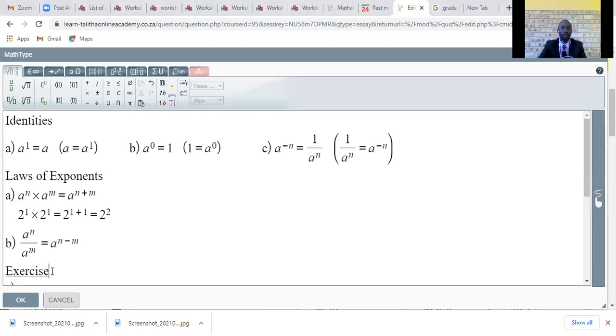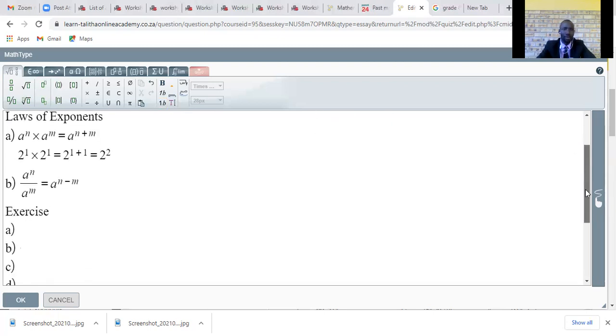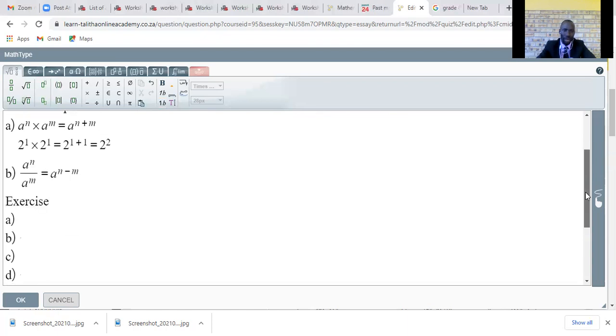Now, the next thing that we want to look at is the second law of exponents. What does it say? Well, this second law of exponents states that if you have to divide two numbers that have the same base, and the exponents are different, then you can subtract the exponents. You know what this means?